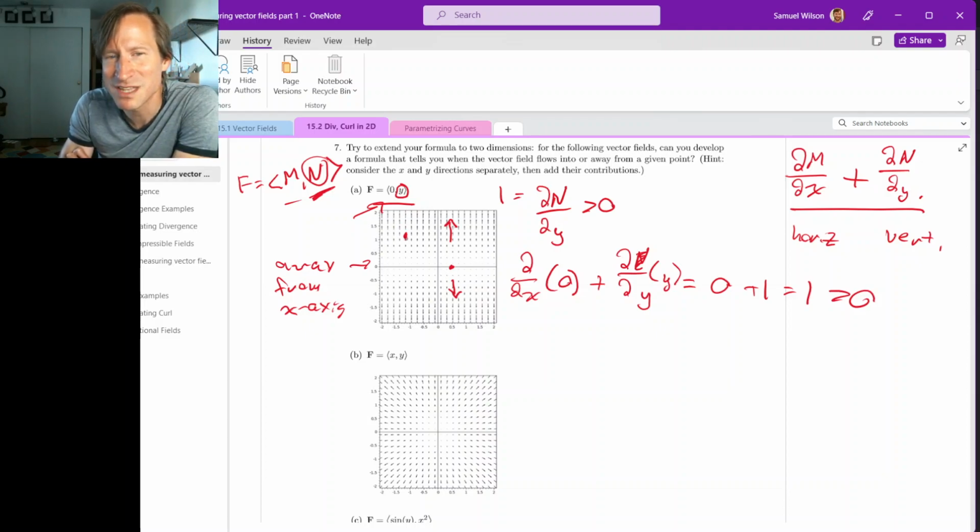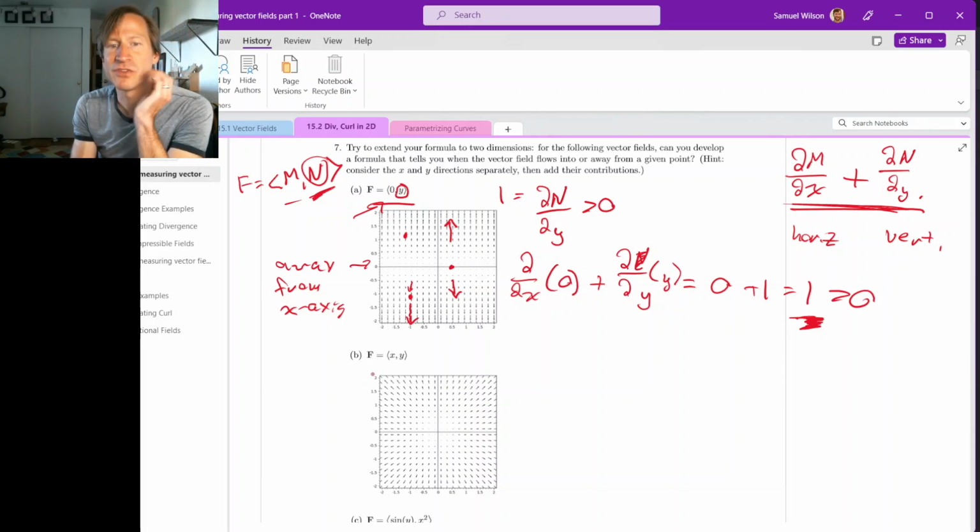So there's net flow out of this point. And if we look down here, same thing. The vectors above are flowing down into this point at a slower rate than the vectors below are flowing out. So this vector field is flowing away from every point on net, and it makes sense that we got a constant for this quantity.